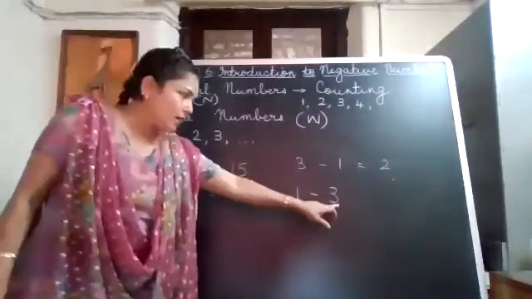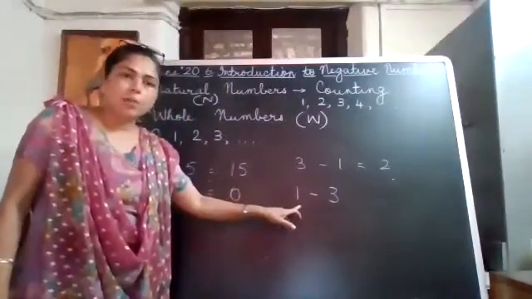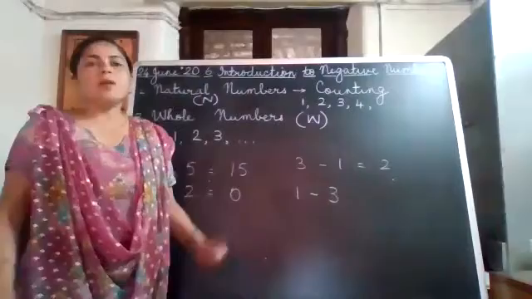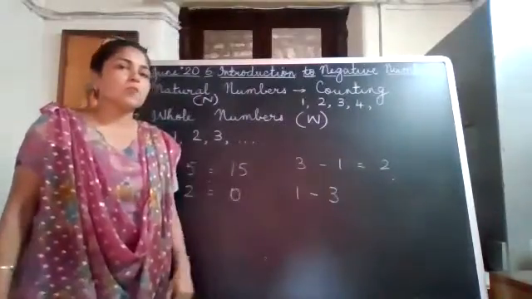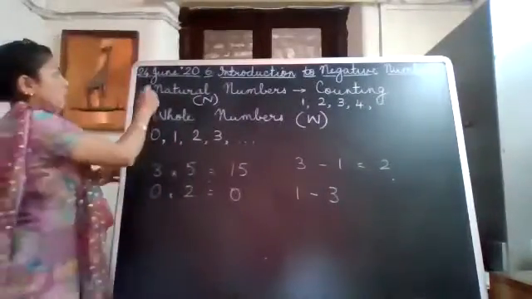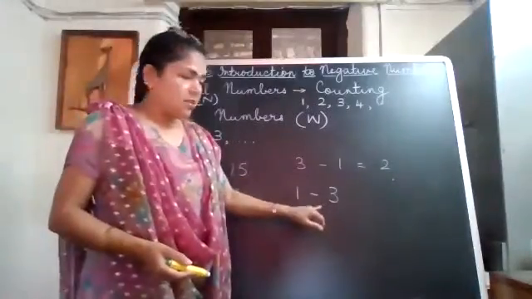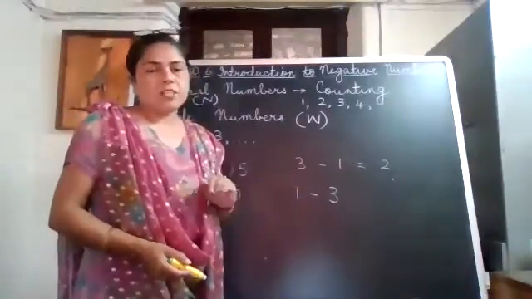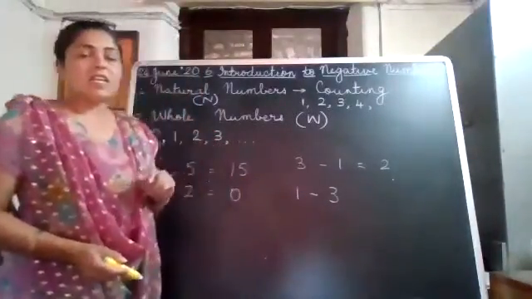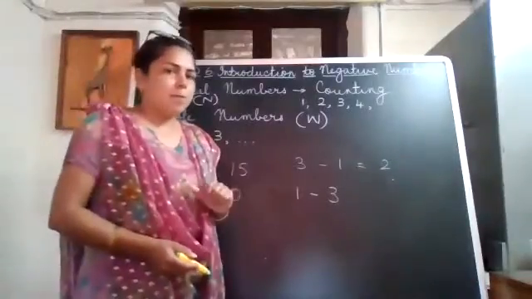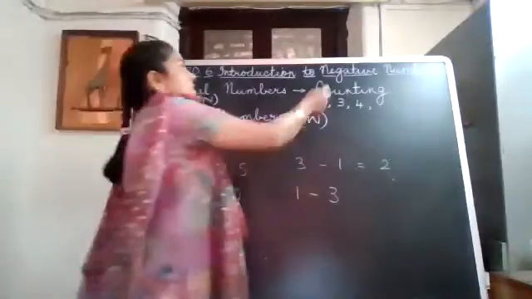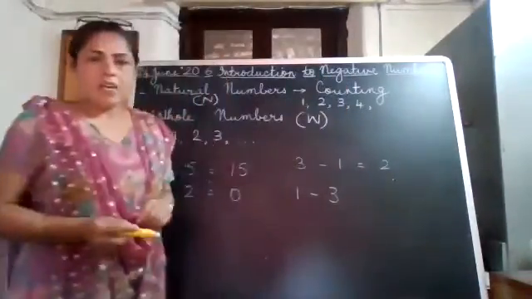If I want to subtract a bigger number from a smaller number, then I won't be able to do it. You cannot say it is 2. So we fall short. These numbers will not help me to write the answer to this type of question. That is why we need a new set of numbers, and those numbers are called negative numbers.